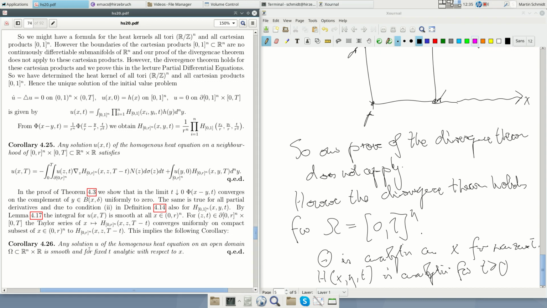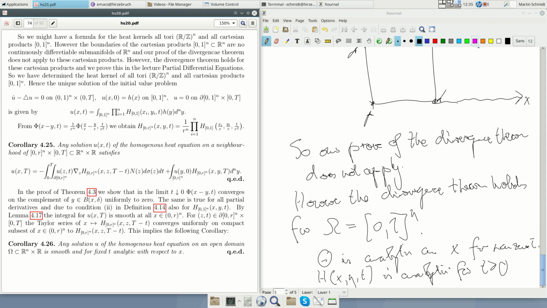So we have again a result very similar to the Laplace equation. It's slightly weaker, because the dependence on t is not as good as for the Green's functions.